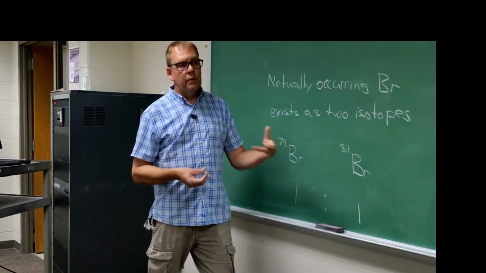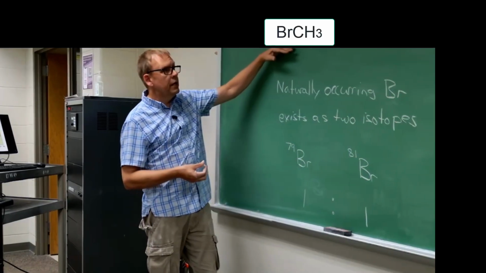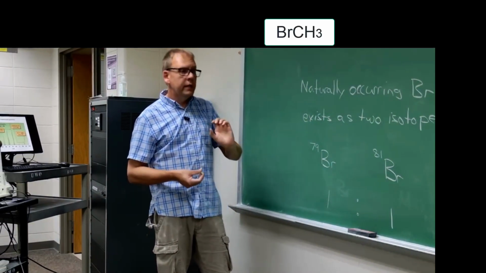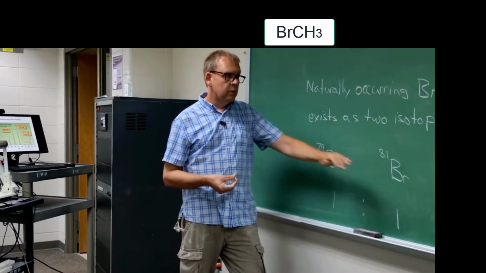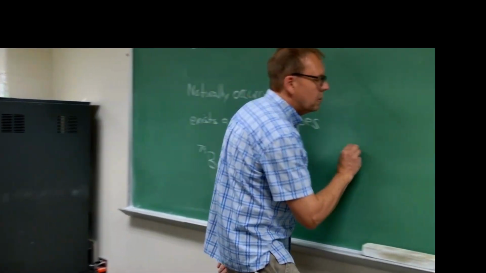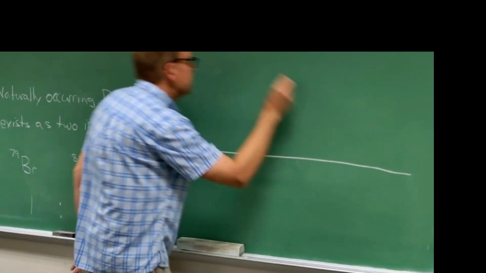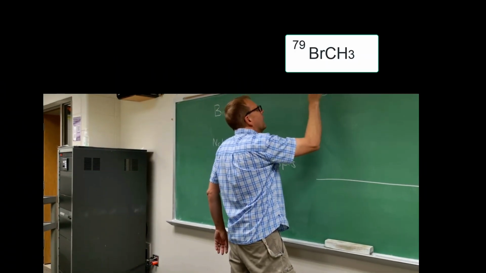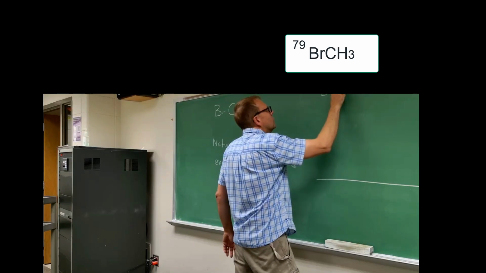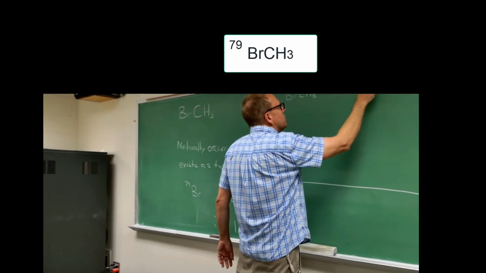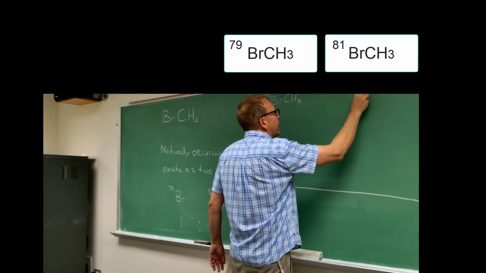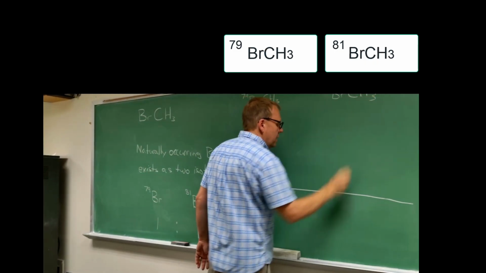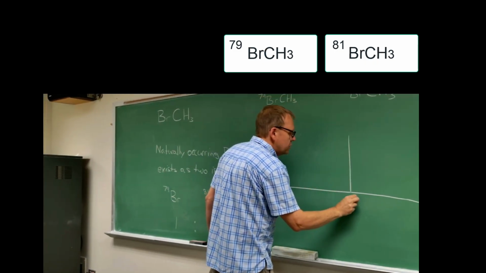And when you have a molecule that incorporates that, like this, there are two possibilities for what kind of molecular ion you might get. You might get the one with the lighter bromine or the one with the heavier bromine. Your mass spectrum is going to look like this. There's going to be a version of the molecule that has a bromine 79, and then there's going to be a version of the molecule that contains the heavier bromine 81. These things are going to be separated by 2 mass units.